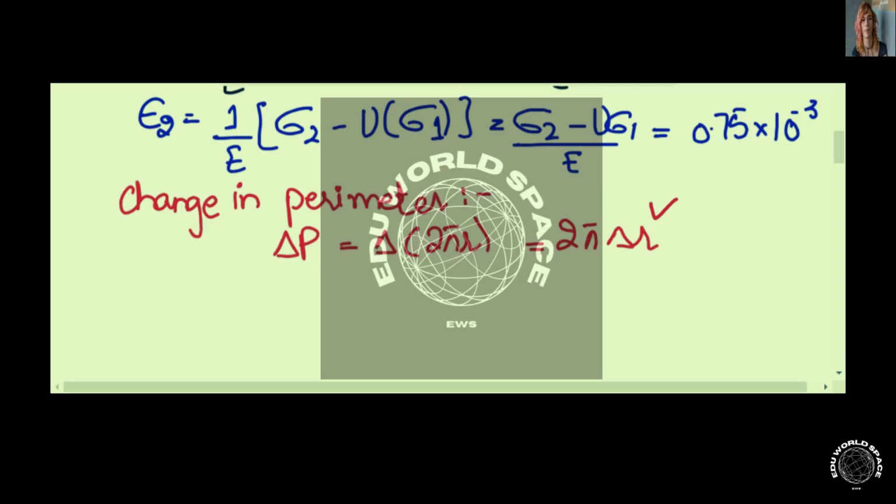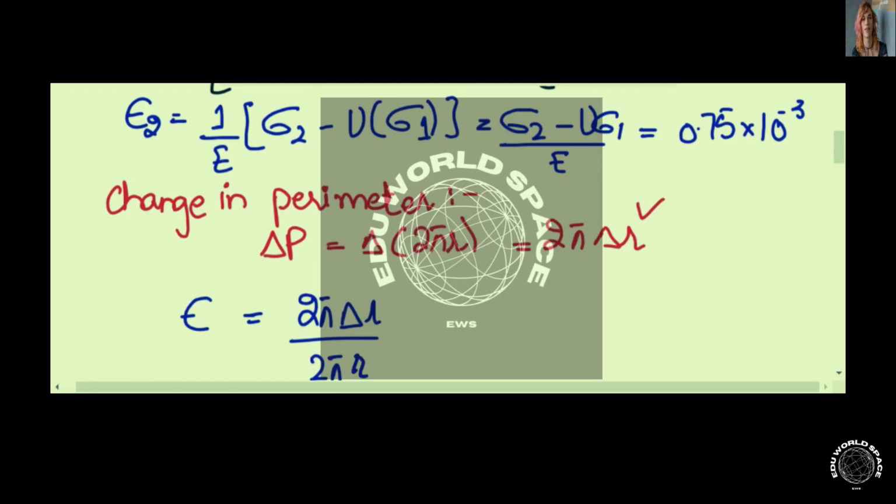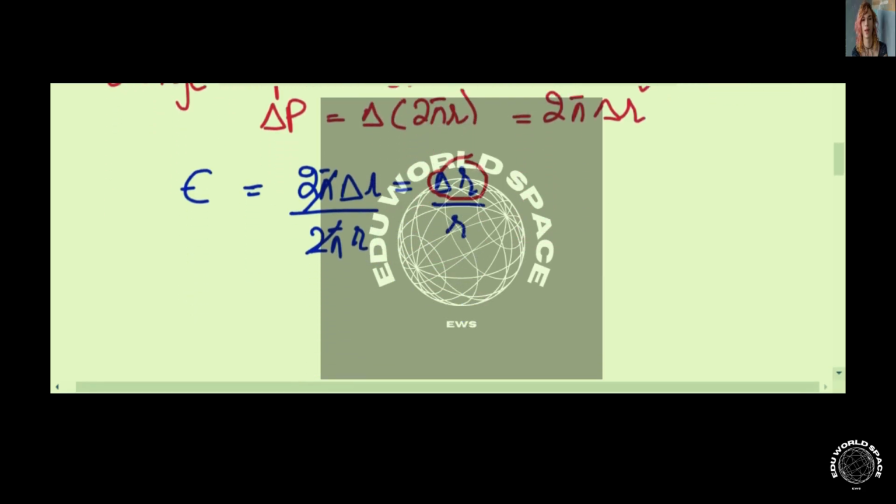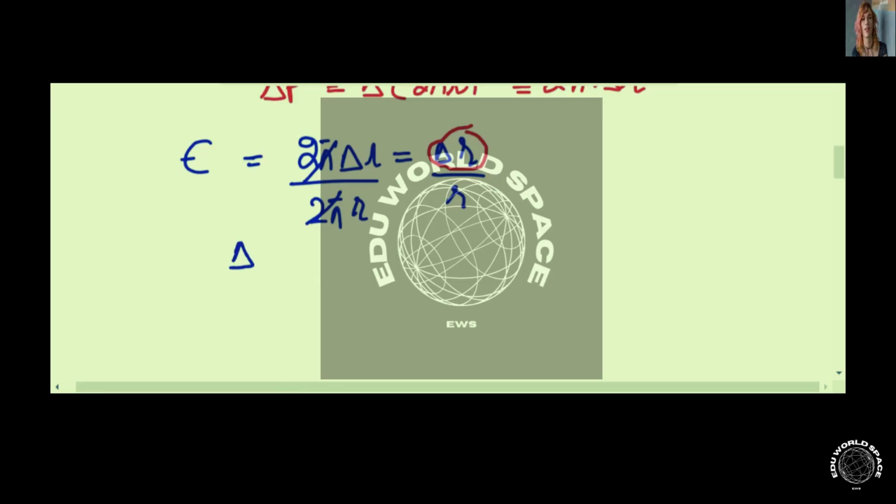So now what we're going to do is write the expression for the strain, so that is 2 pi del r divided by 2 pi r, right? Now this cancels out and we are only left with del r divided by r, right? So if we solve it for del r, we'll get that del r is equal to strain times the radius.